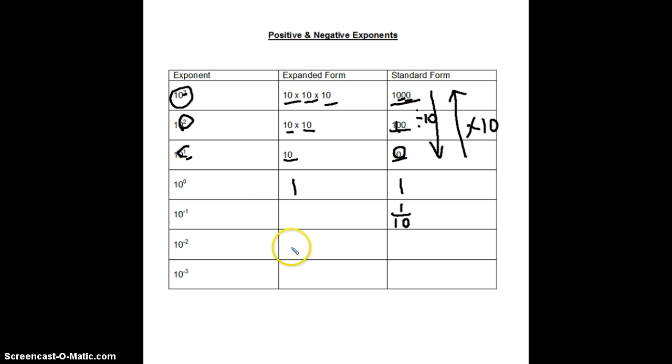And 10 to the minus 2. Okay, so that's 1/10. 10 to the minus 1 is 1/10. 10 to the minus 2, 1/10 divided by 10 is 1 over 100. And following the same logic, 1 over 100 divided by 10 is 1 over 1,000.